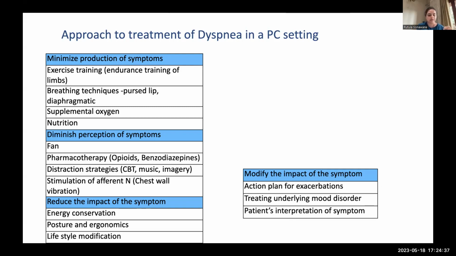If there are episodes of exacerbation and you know what the cause might be, you plan for such episodes. Then if there is any underlying anxiety or depressive disorder, manage that as well.